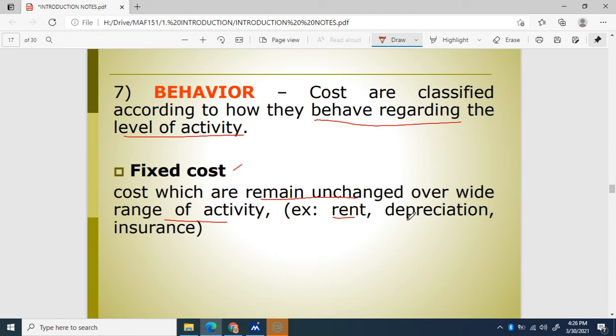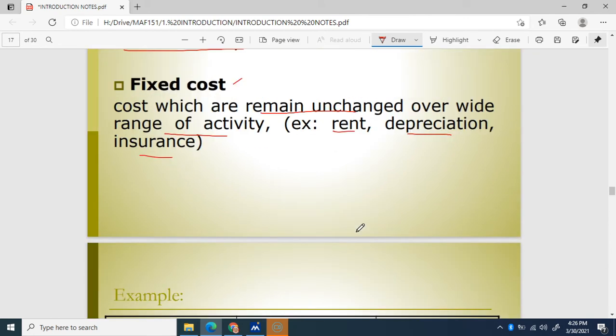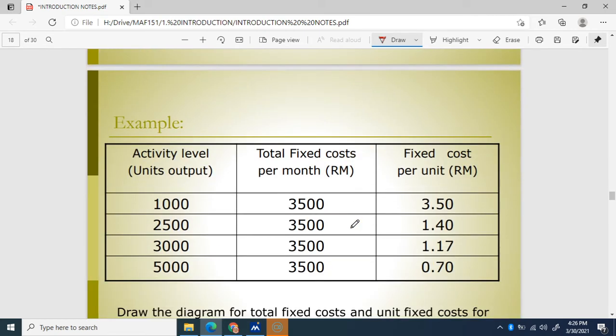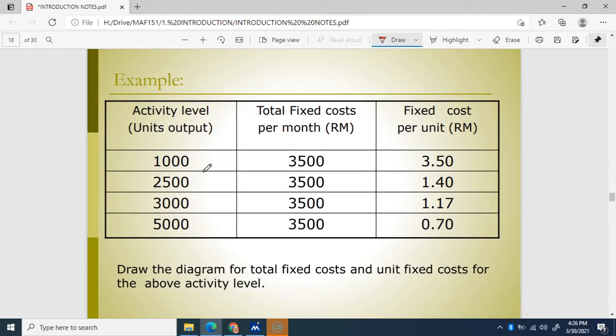Examples are rent, depreciation, insurance. Okay, let's say this is fixed cost per month, for example rental of premises or factory. If in the first month you produce 1,000, you still have to pay rental 3,500.